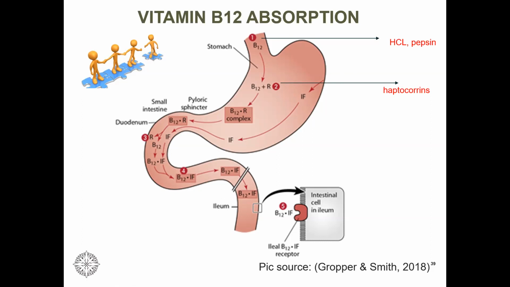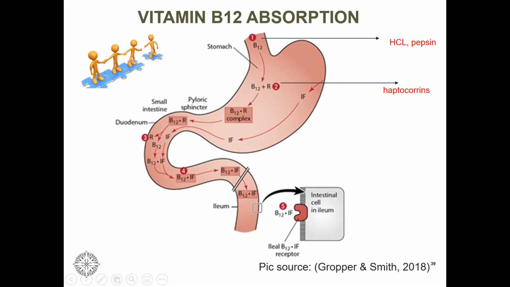As soon as B12 is free of its protein, these R proteins get attached to B12. Now this travels through the gut. We all know that intrinsic factor, which is required for its absorption, is secreted in the stomach, but it does not get attached to B12 here. The B12-R complex and intrinsic factor both travel separately till they reach the ileum.